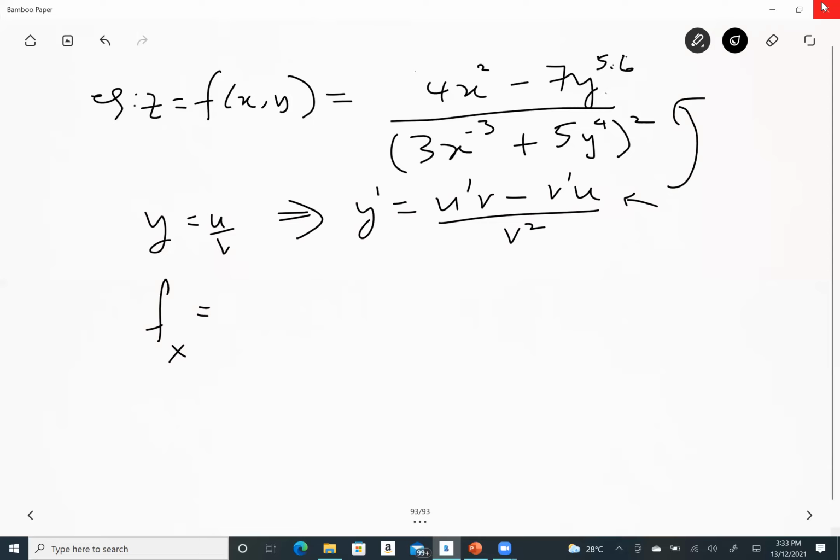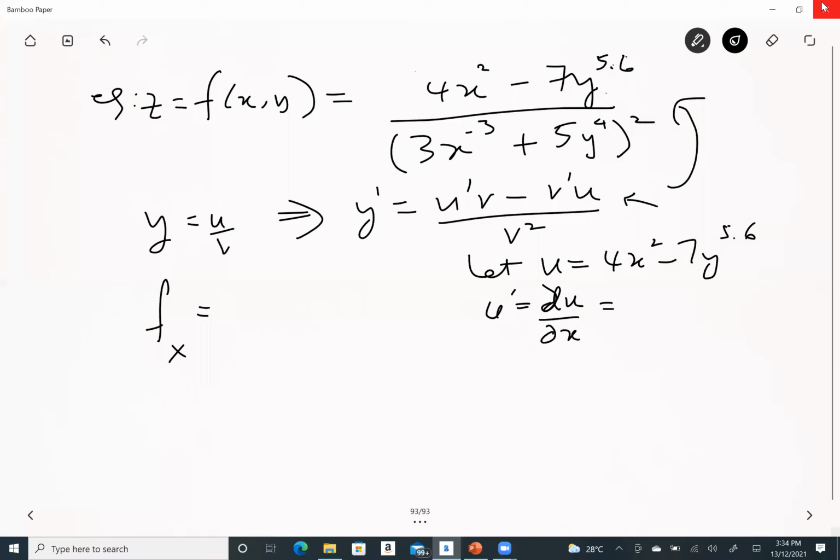Okay, so what you do here, if you remember the rule, you let u be equal to the top. You got 4x squared minus 7y to the power of 5.6. And u prime here, okay, u prime is du dx. Here it should be partial.